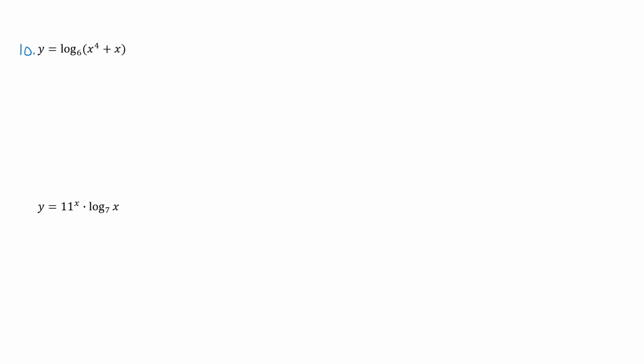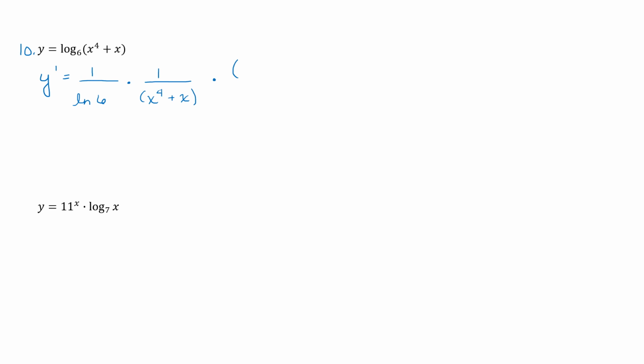All right, so we have y equals log base 6 of x to the 4th plus x. So y prime will equal 1 over the natural log of 6 times 1 over the x to the 4th plus x times, remember to find the derivative inside the parentheses.